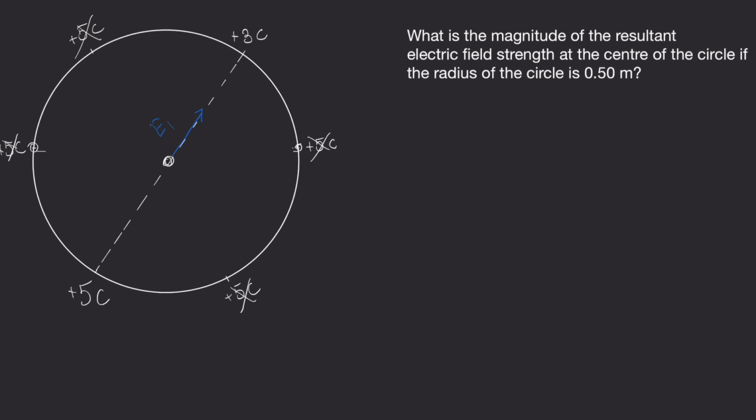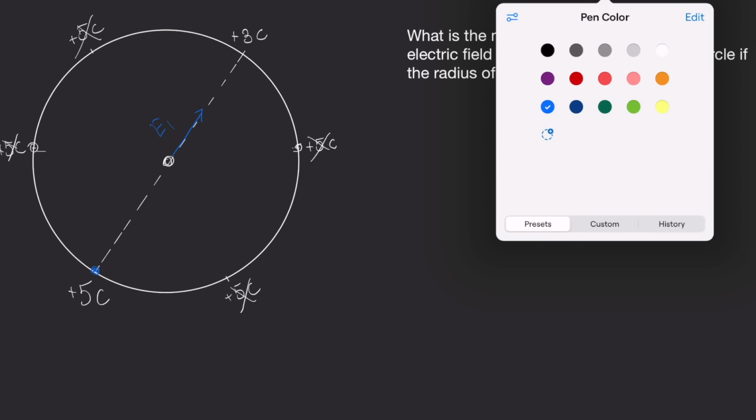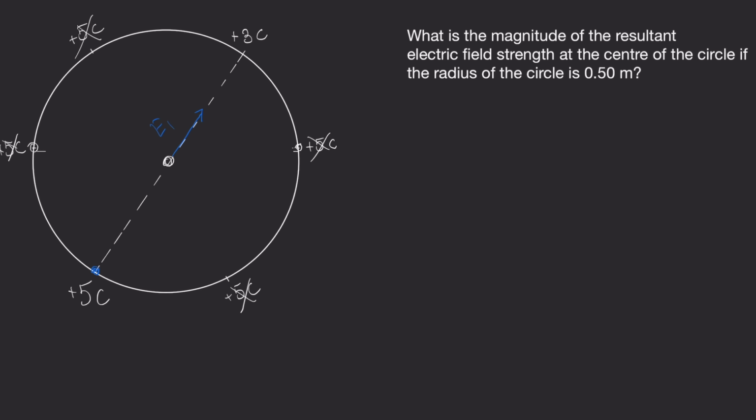And then from the 3 Coulomb charge, there's going to be an electric field, shall we draw this one in red maybe, that's going to be going the opposite way, because electric fields come out of positive charges and those two are both positive. So now we need to take away E1 and E2 because geometrically they're going in the opposite direction to find the resultant electric field strength.